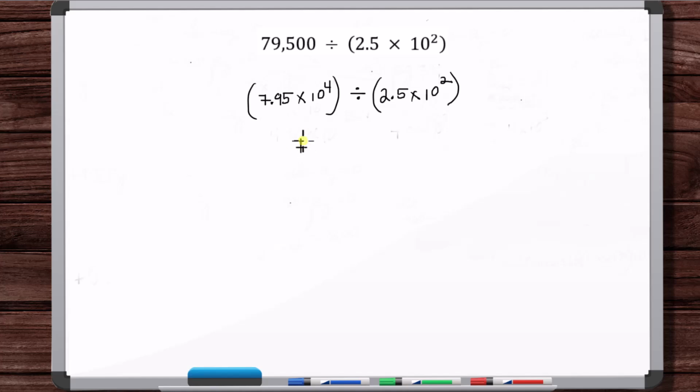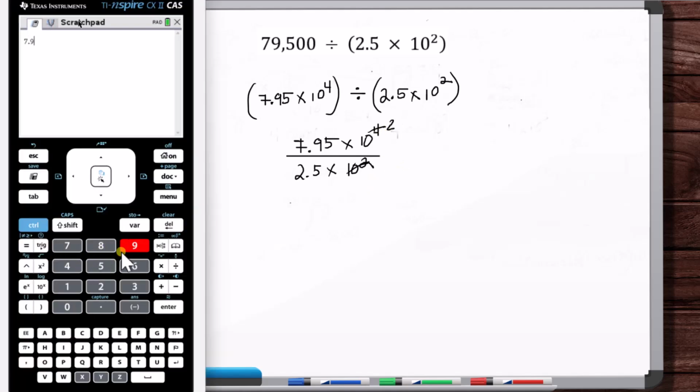So we have 7.95 times 10 to the fourth. You can look at it like this. And so what we can do is just divide these two decimals, and then this is just a multiplication. So this 10 squared goes away, and you've got just a 10 squared in the numerator.